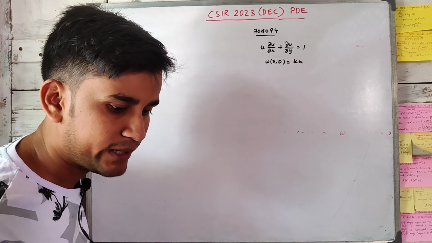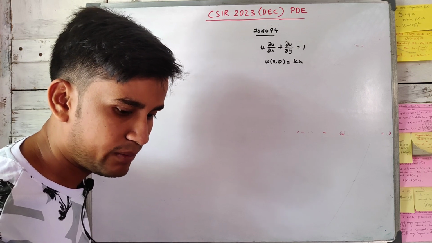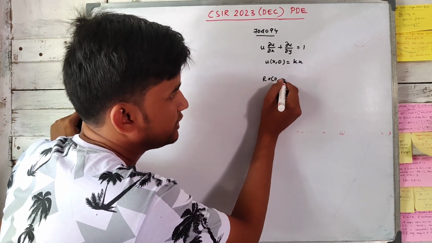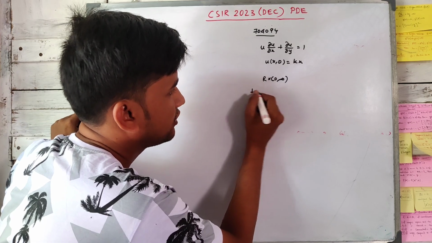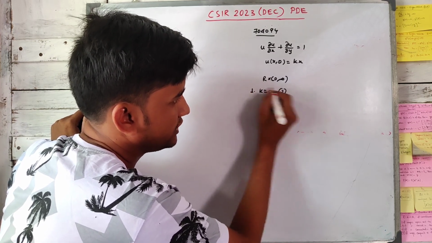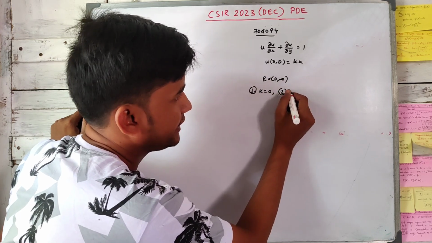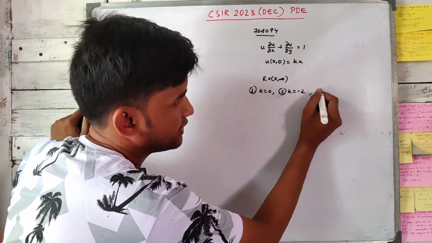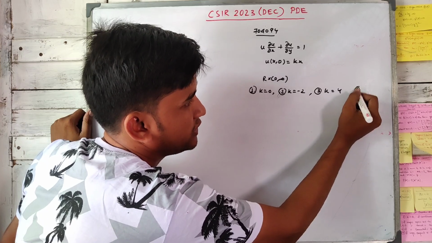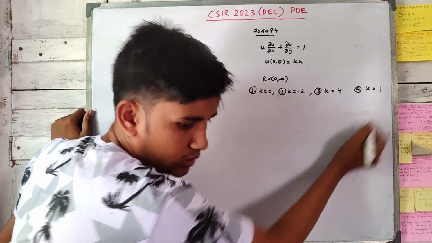For which of the following values of k does the above problem have a solution defined on R cross (0, infinity)? The four options are: option 1, k equal to 0; option 2, k equal to -2; option 3, k equal to 4; option 4, k equal to 1.